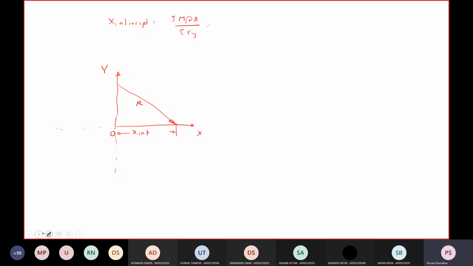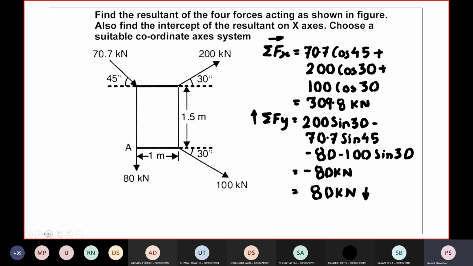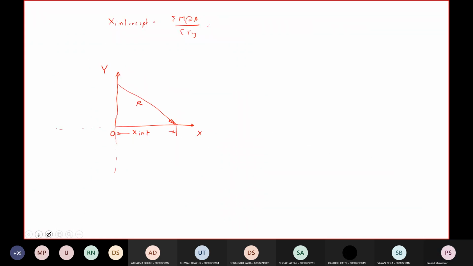Because the moment you have calculated. Okay, moment equation I have not written.